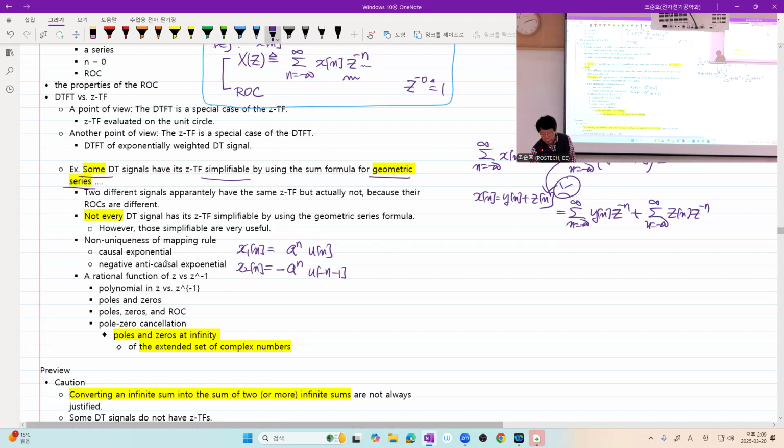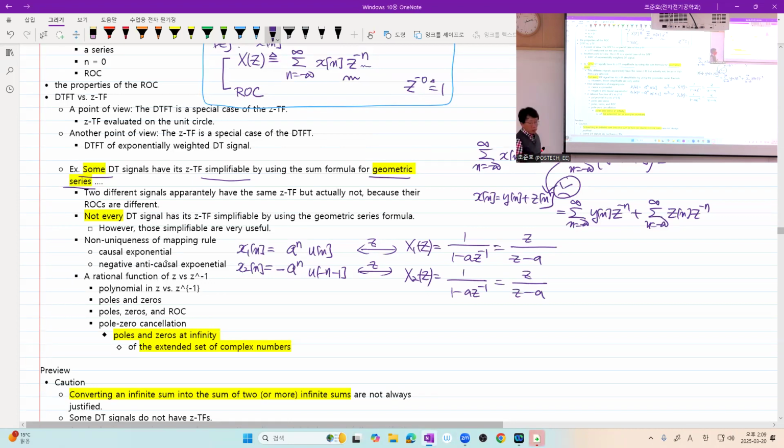Then you can find the Z transform having the same algebraic expression, but with the region of convergence totally different.